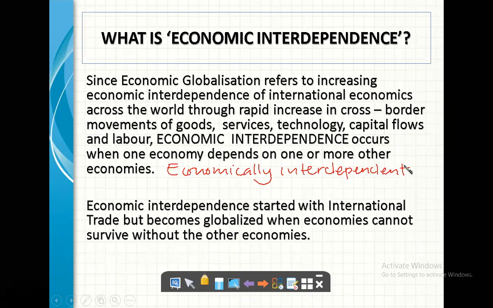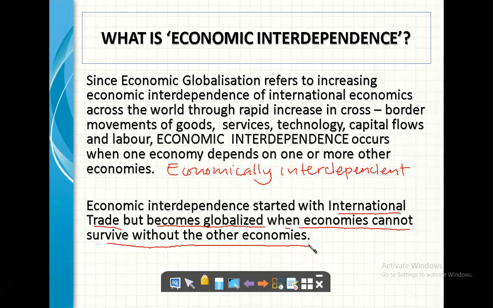So economic interdependence started with international trade. Remember that. But it becomes globalized when economies cannot survive without the other economies. So we have gone through it with international trade, and we learned that we have some control in international trade.